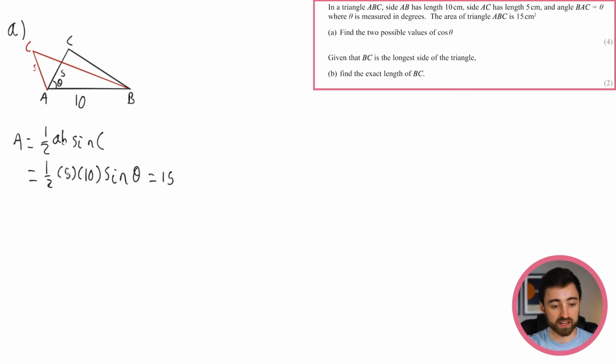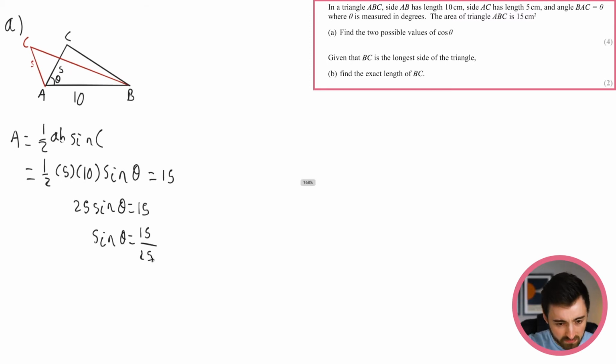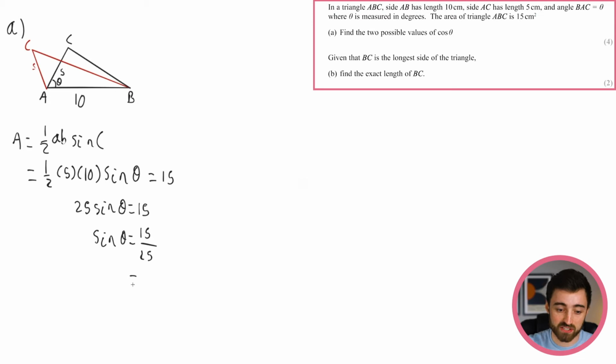Let's work this out. 5 times 10 is 50, half of that is 25. So I'm going to get 25 sine theta equals 15. Divide by 25, sine theta equals 15 over 25. Cancel a 5, so this is 3 over 5. We can see here that in this configuration, this theta is acute, it's less than 90.